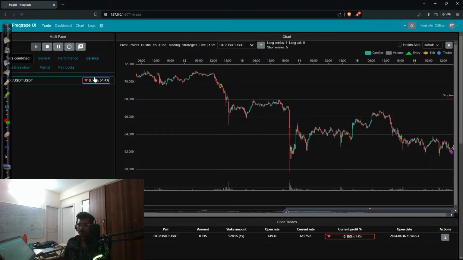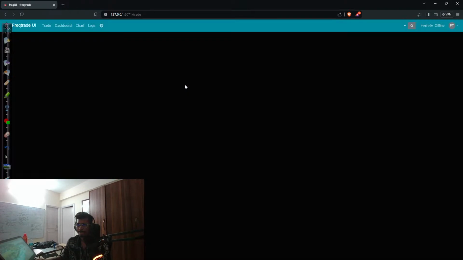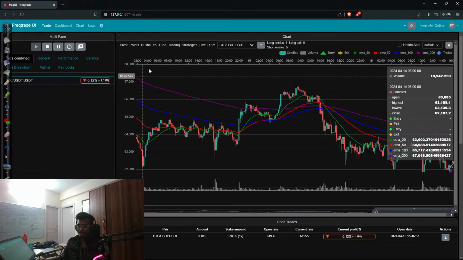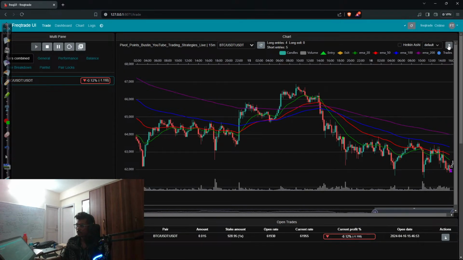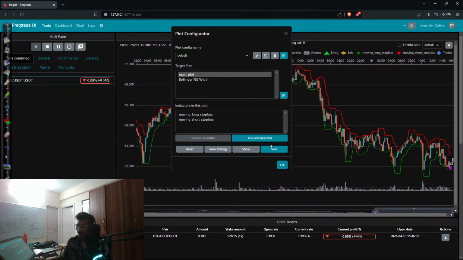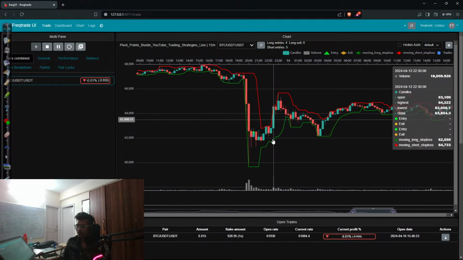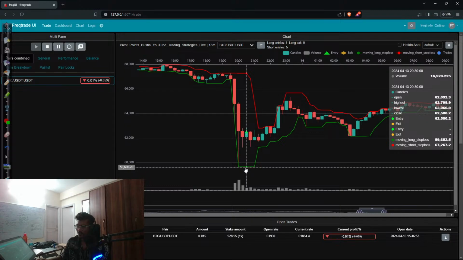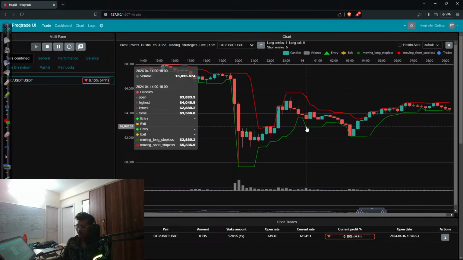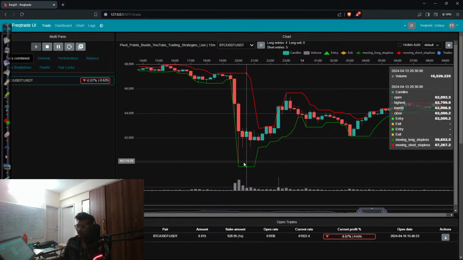So here, all right, now I'm going to do that. So on this trade, the stop loss was here. As it goes till this point, it actually changes.